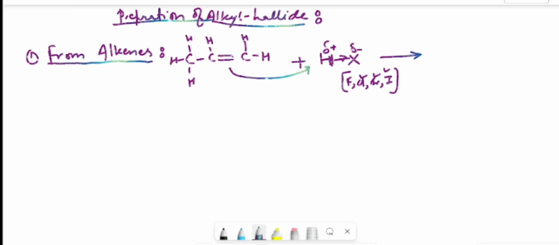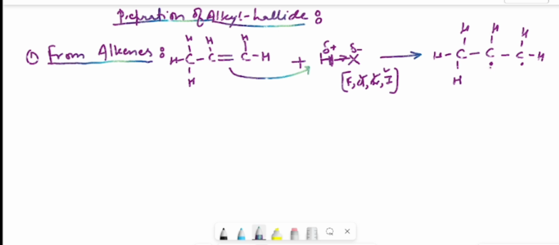When it breaks, it will leave the valency of carbon unsatisfied. Here is hydrogen, and there would be another carbon which would be having two hydrogens right now. So the valency of this carbon has been left unsatisfied.